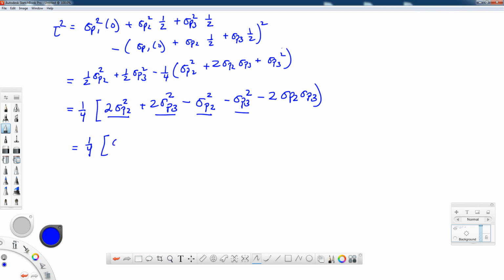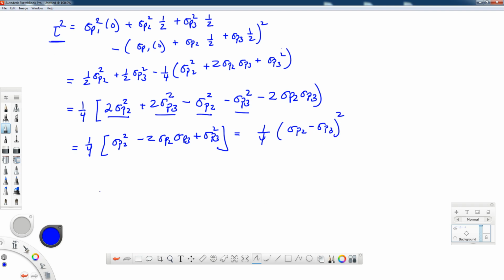So we're going to have a sigma p2 squared minus 2 sigma p2 sigma p3 plus a sigma p3 squared term. That's going to be equal to 1/4 of sigma p2 minus sigma p3 quantity squared.